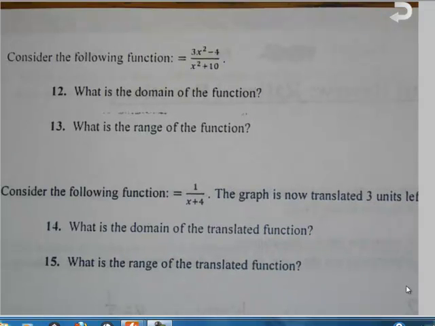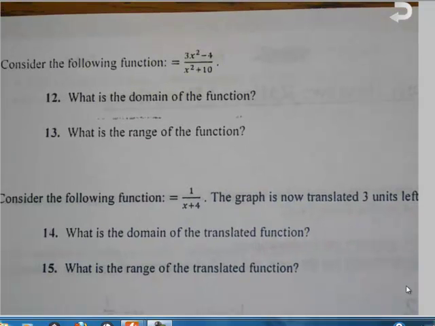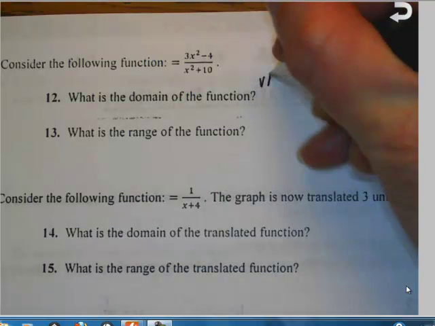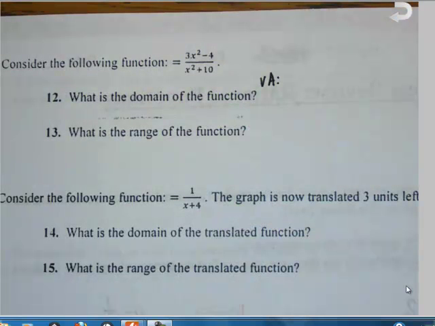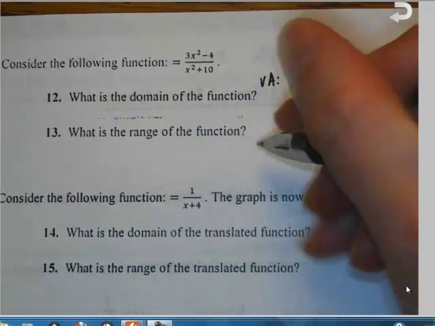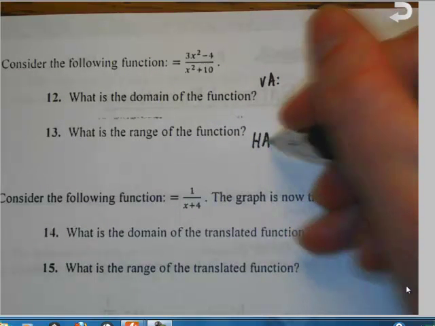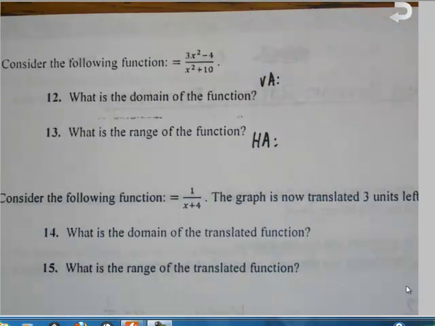Now remember, the easiest way to find the domain is to find the vertical asymptotes. And the way we're going to find the range is to find the horizontal asymptotes. Right off the bat we can find the horizontal asymptote without doing too much work.